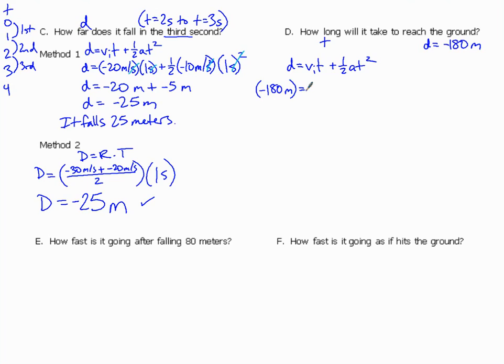It is falling, which means it is traveling negative distance. Initial velocity of a dropped object is 0. Plus 1/2 times the acceleration is negative 10 meters per second squared. And we are looking for the time. So here we have t squared.